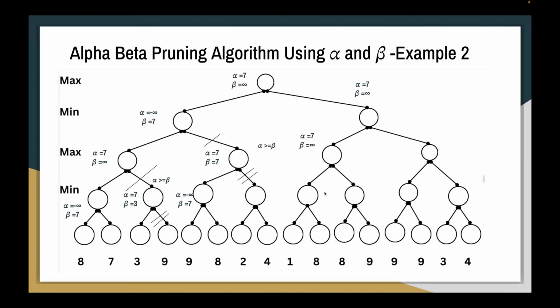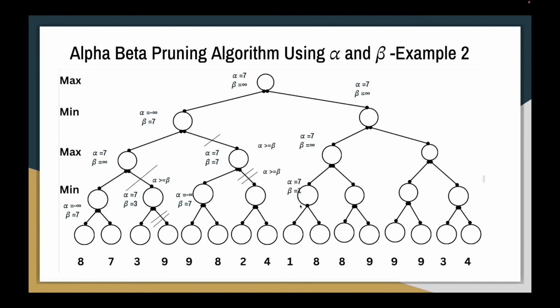Now when it sees 1, compared with infinity, 1 is the minimum value, so the beta value will become 1. And then comparing 1 and 8, 1 is the minimum value, and here alpha becomes greater than or equal to beta.